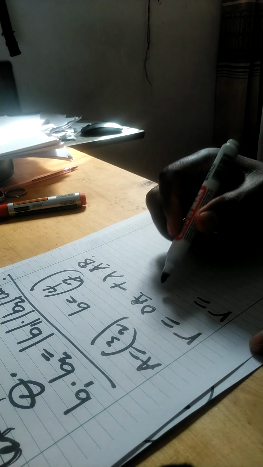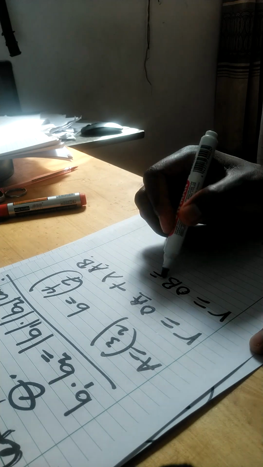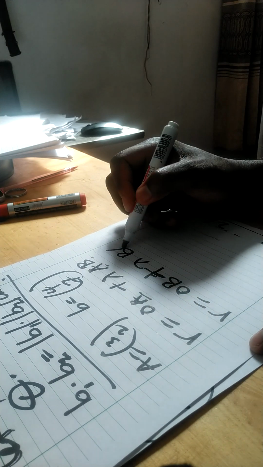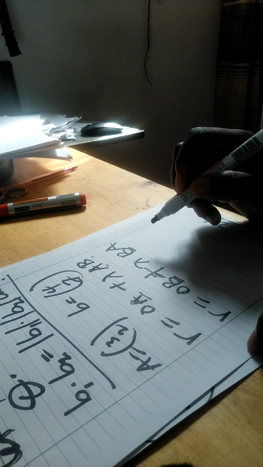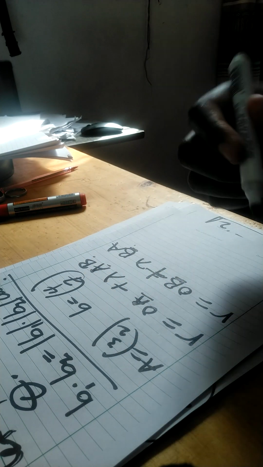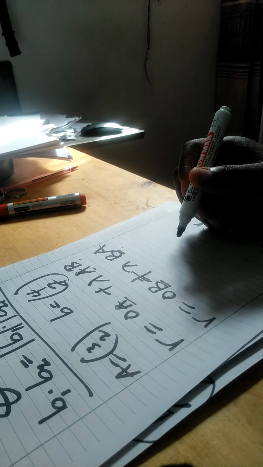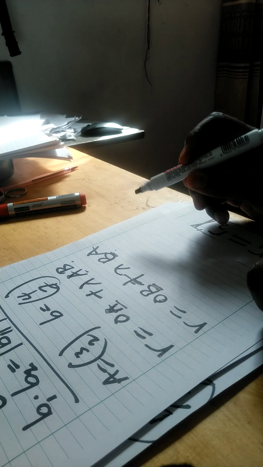If you say R equals OB, then this one should be plus lambda BA. The value you write here should be the same value here. There is a reason, because these have to be the same, just differing in direction: one will be the negative of the other.